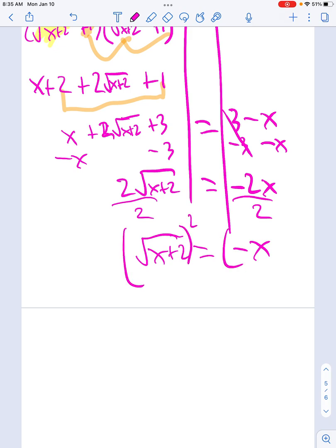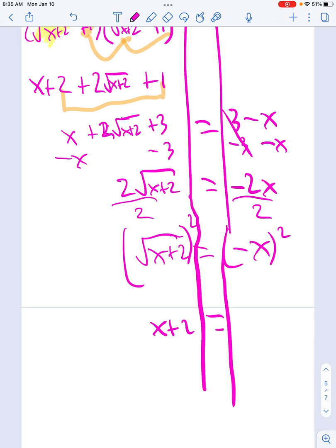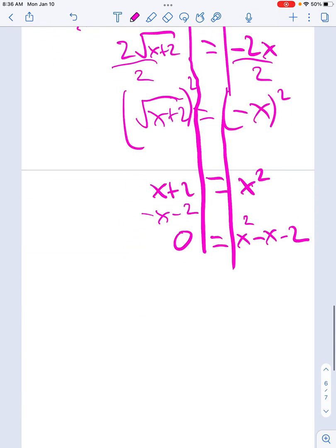Almost done. Got to square both sides one more time. So I'm left with just x plus 2 equals, negative times a negative is a positive, x squared. So I'm going to say that if I subtract this and subtract this, 0 equals x squared minus x minus 2.